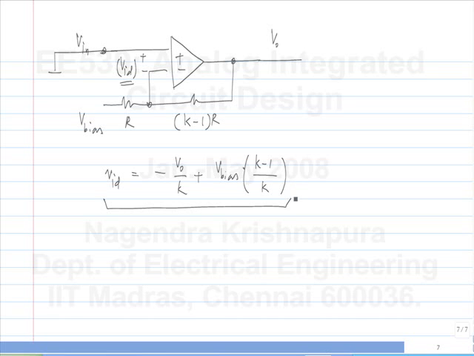What will be the quiescent output value of V0? Yeah. So okay, what is it? V bias times K minus 1.